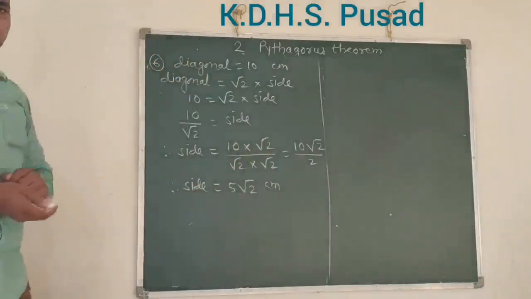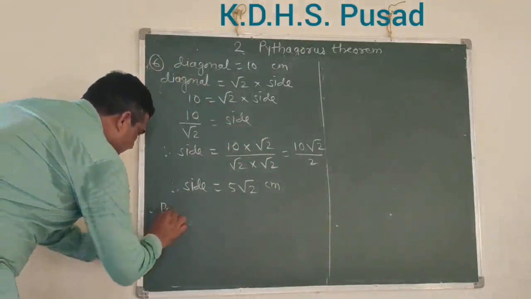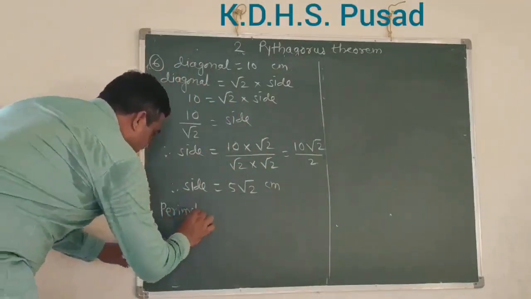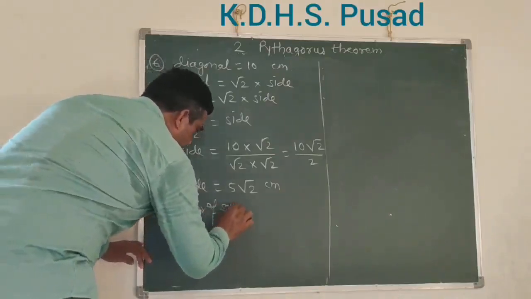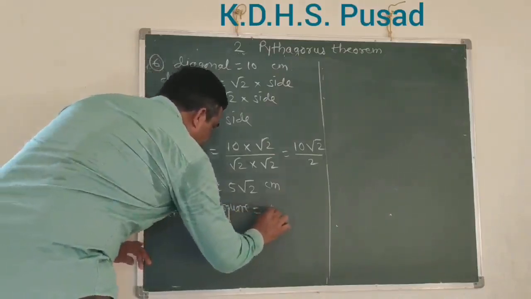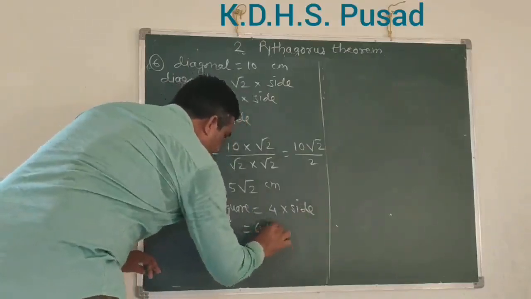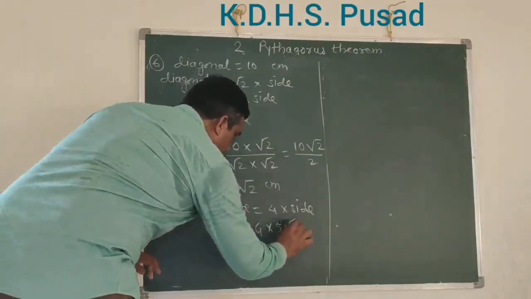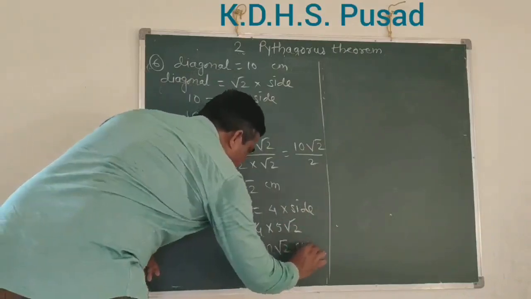So we got the side of the square. Now the next question is to find its perimeter. Therefore, perimeter of square, and the formula we have read is 4 into side. So 4 into 5 root 2, that is 20 root 2 centimeter.